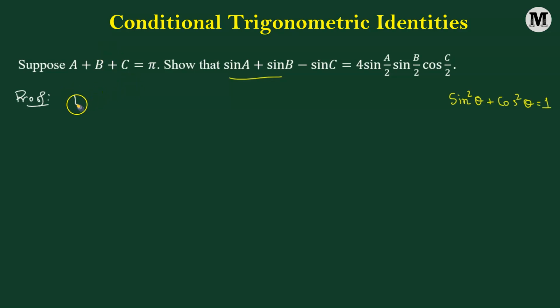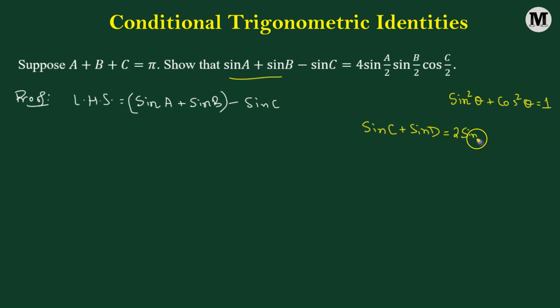To prove this, we'll begin from the left hand side and show that it is the same as the right hand side. On the left hand side we have sine of angle a plus sine of angle b minus sine of angle c. We're going to add the first two sine functions, because there's a standard formula: sine c plus sine d is 2 times sine of (c plus d) over 2 multiplied by cosine of (c minus d) over 2.